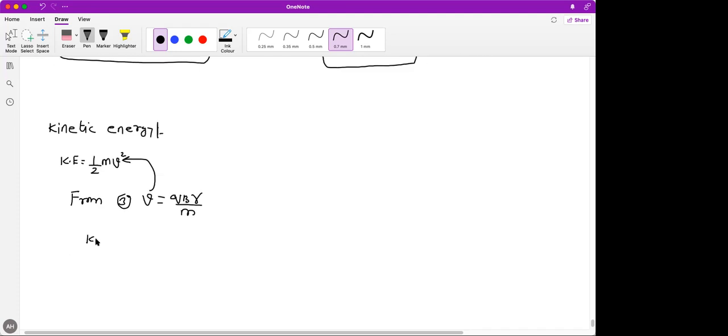So we'll get kinetic energy is half into m into q square B square R square over m square. So this m will cancel this square and we are left with the expression of kinetic energy. It's q square B square R square over 2m.